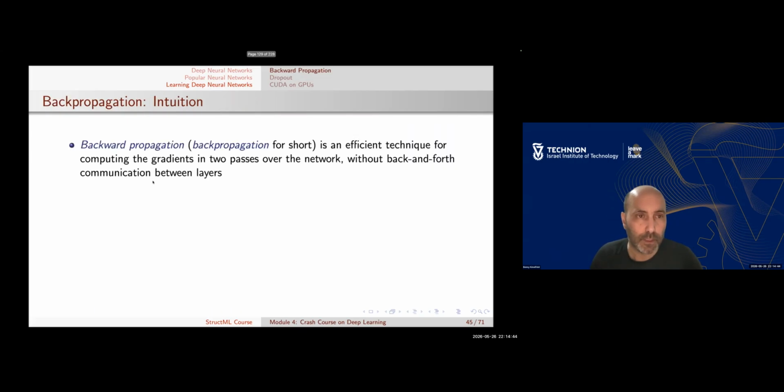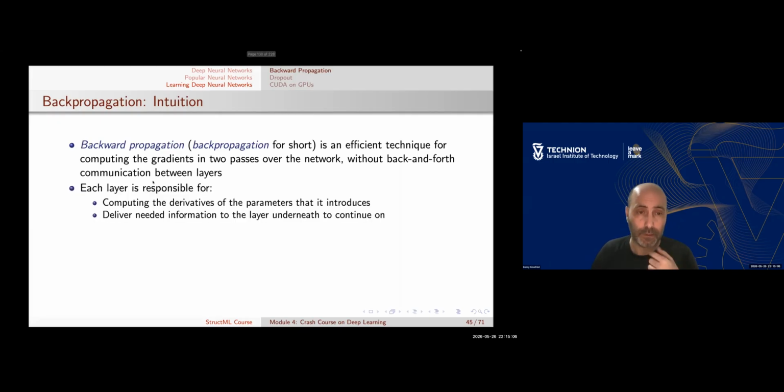This is what we do in backward propagation. It's an efficient technique for computing these gradients, basically in two passes over the network: forward over the layers, from the input to the output, and backward, from the output to the input. No further communication between the layers is needed.